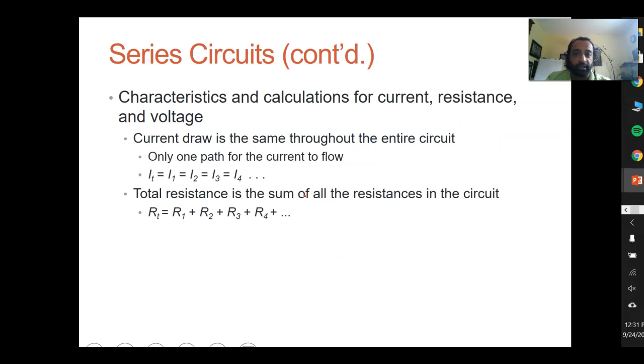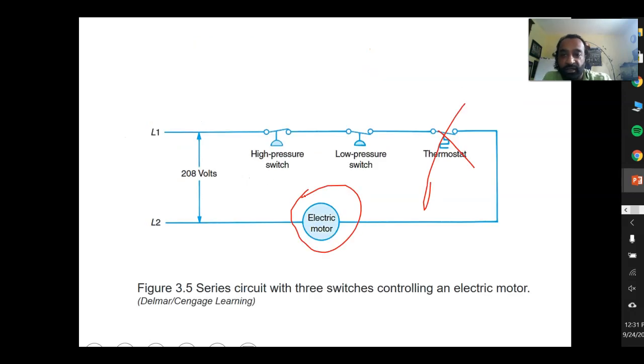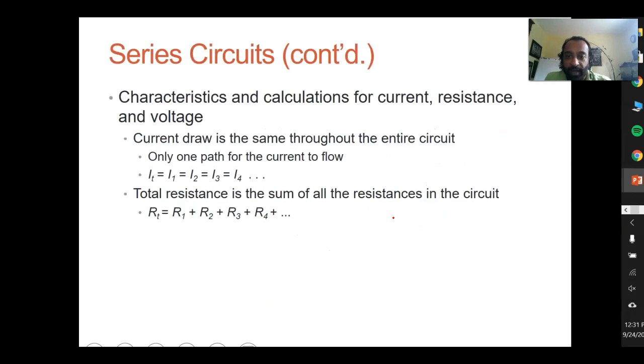Characteristics when we do the calculation for a series circuit are very simple. The current flows in one direction, so the current will stay the same in the entire circuit, meaning the current going through here is the same as the current here, same in here, and also same in here. Current stays the same. And what happened to the resistance?